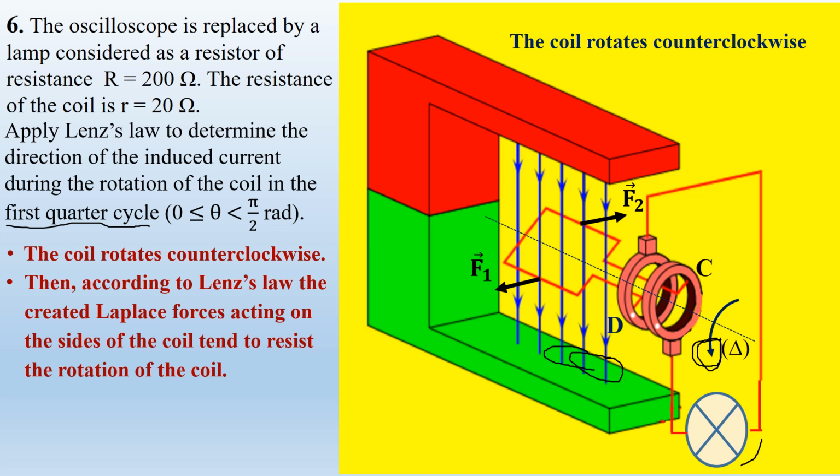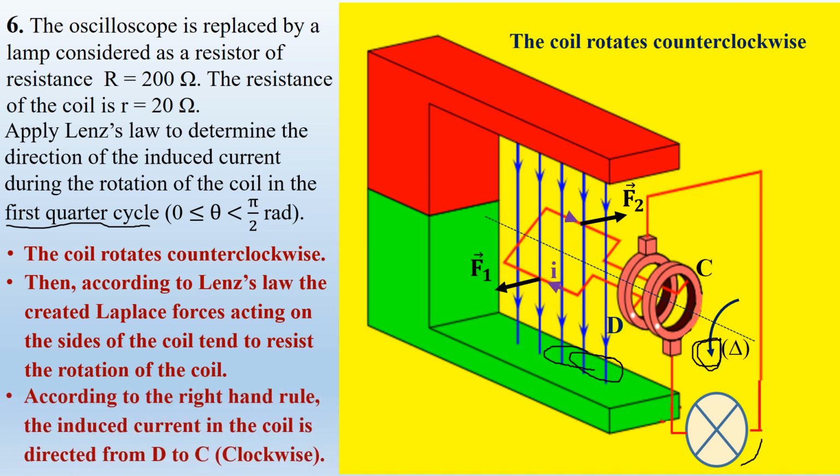So, again, the four fingers point vertical downward in the direction of B, and the palm of your hand faces the left side or points to the left, which means that your right hand is in the vertical plane. Now, your thumb must point in this direction, which is the direction of the induced current.